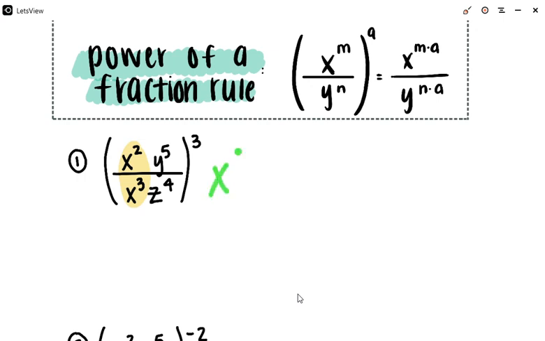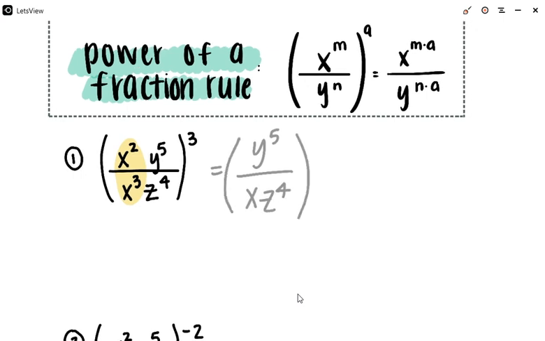So x to the 2 minus 3 gives us x to the negative 1. That negative exponent tells us x to the 1 is going to be in the bottom. So when we simplify that, we have y to the 5th over x times z to the 4th, and we cannot forget that big parenthesis and exponent.